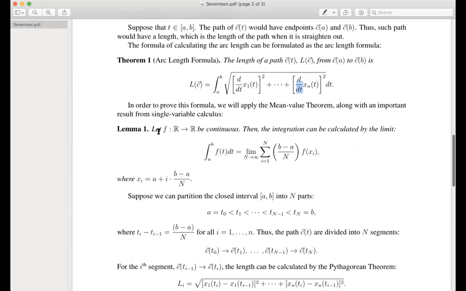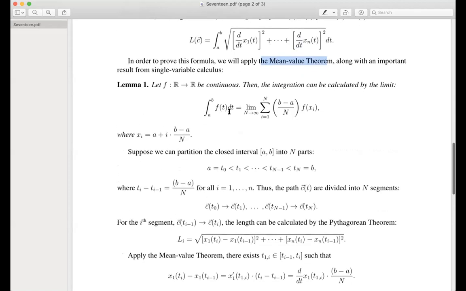In order to prove the arc length formula, we need to use the mean value theorem and the results from single variable calculus, right?